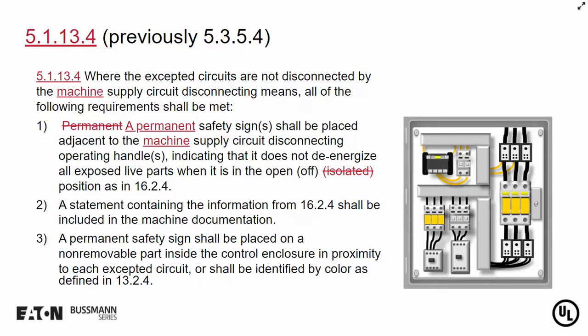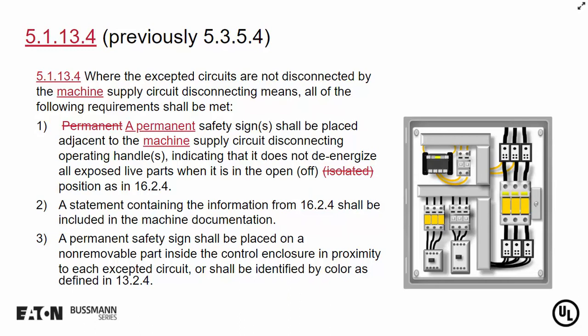So moving on, talking more about accepted circuits, we see in 5.1.13.4 where the accepted circuits are not disconnected by the machine supply circuit disconnecting means all of the following requirements shall be met. You see, again, a permanent safety sign shall be placed adjacent to the machine supply circuit disconnecting means, indicating it does not de-energize all exposed live parts.